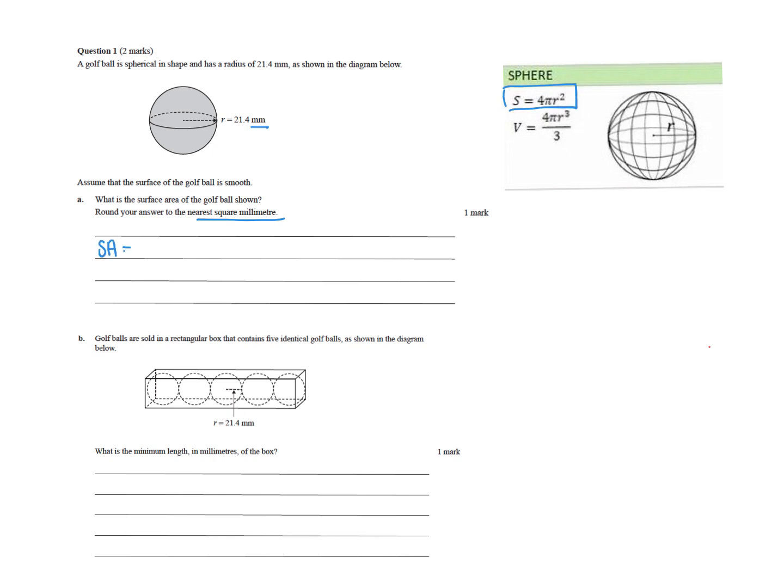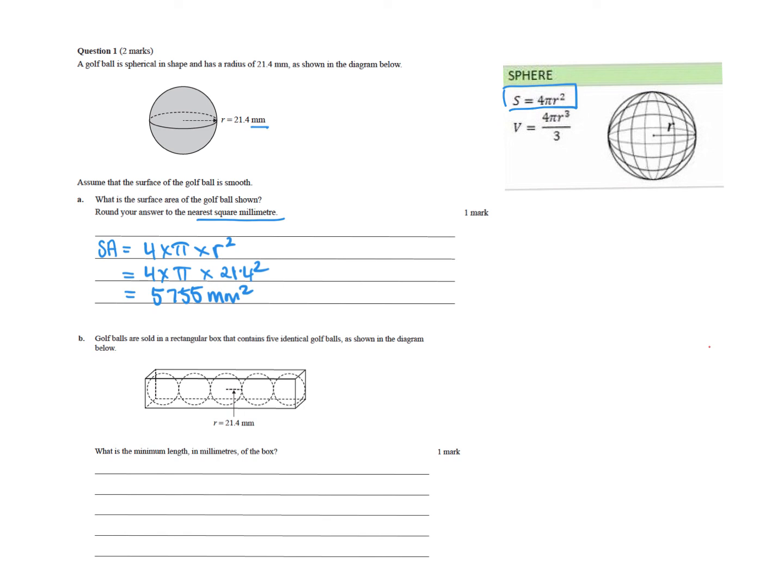So surface area equals 4 times pi times the radius squared, which would be 4 times pi times 21.4 squared. And we're just going to go to the nearest whole number. So if I do that on my calculator, 4 times pi times 21.4 squared, we get 5,755 millimeters squared.